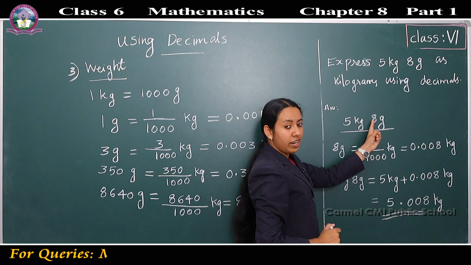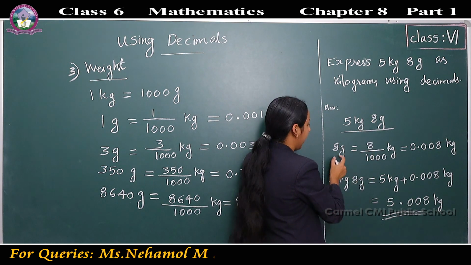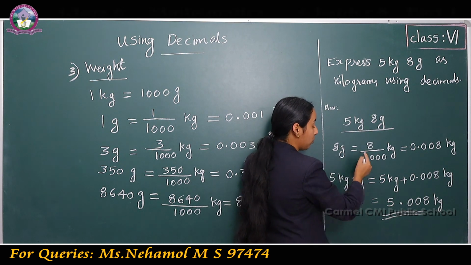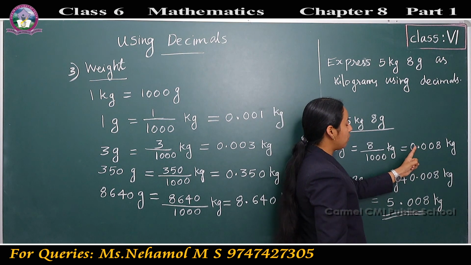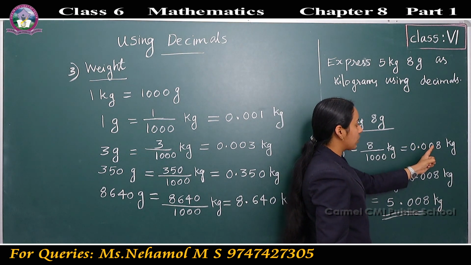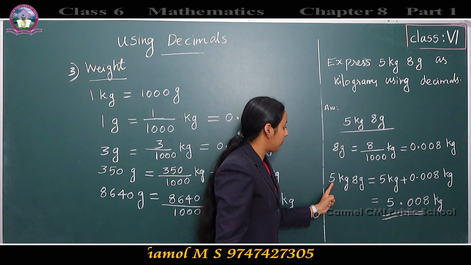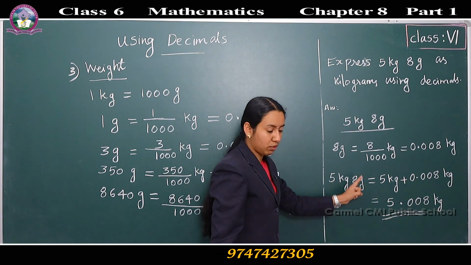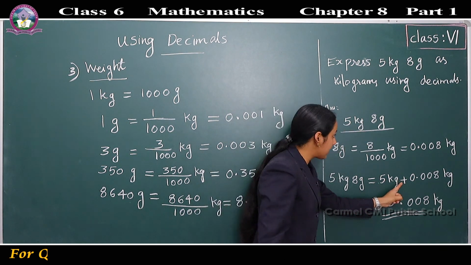We have to divide this by 1000. 8 gram is equal to 8 by 1000 kilogram, which is equal to 0.008 kilogram.